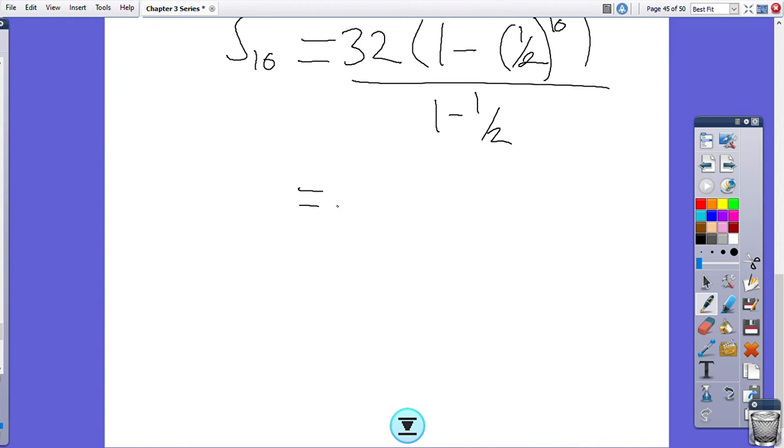If you just bear with me for 2 seconds, you're going to get 64 times (1 − 0.5^10). Nothing like doing this on the fly. If you do that, you should get 63.9 to 3SF, or 1023/16, if that's the way you want to write it.